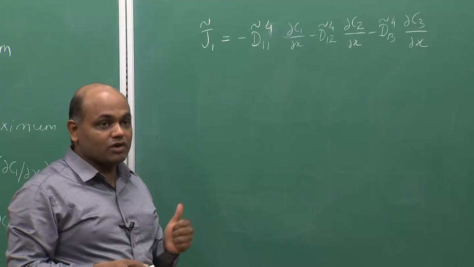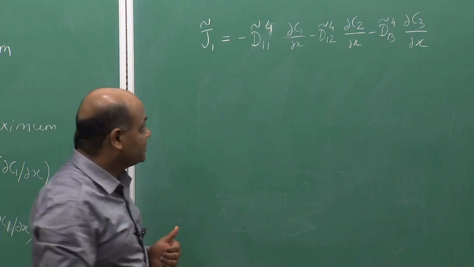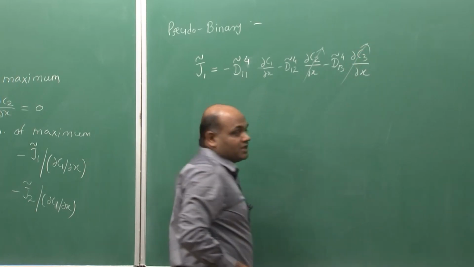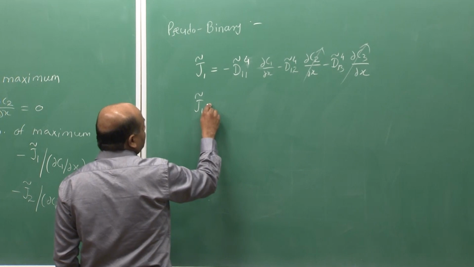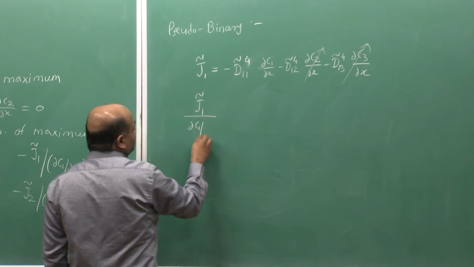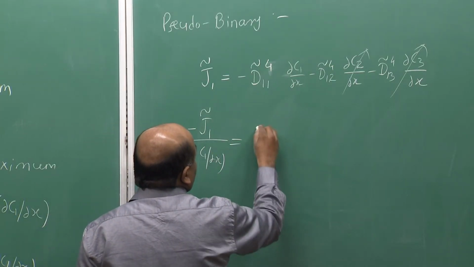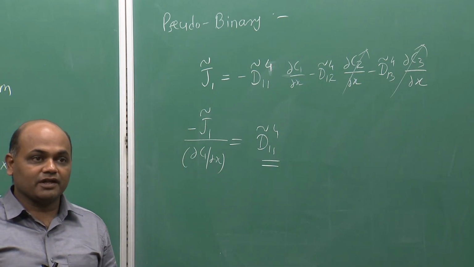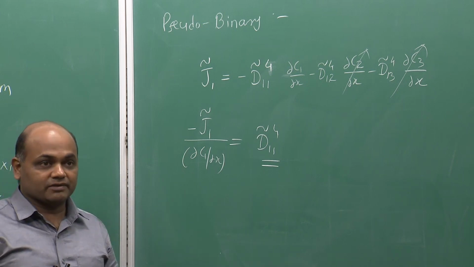Assuming that they will not develop any concentration profiles during diffusion, these two terms will be 0 and we can straight away get J1 tilde 4 divided by dou C1 by dou x, there is a negative sign here, equal to D11 tilde 4. So, we can find the value of D11 tilde 4 through the pseudo binary diffusion couples.